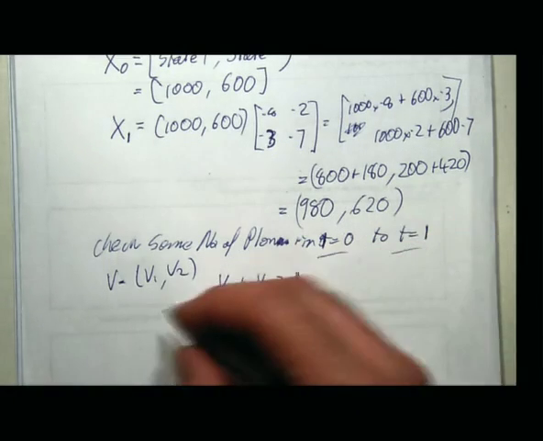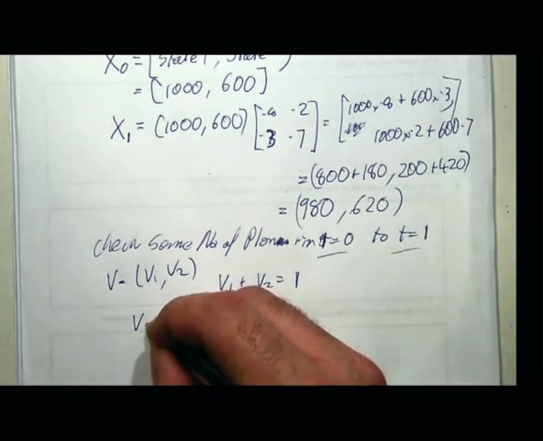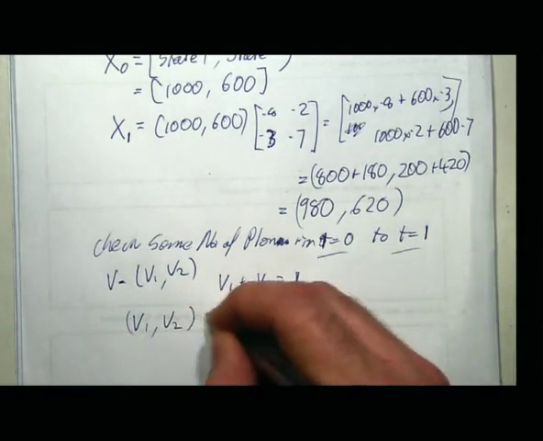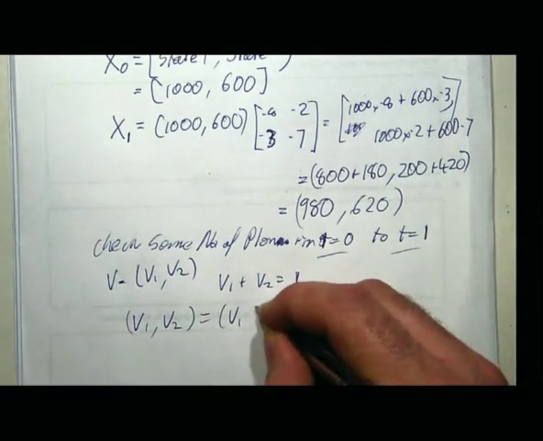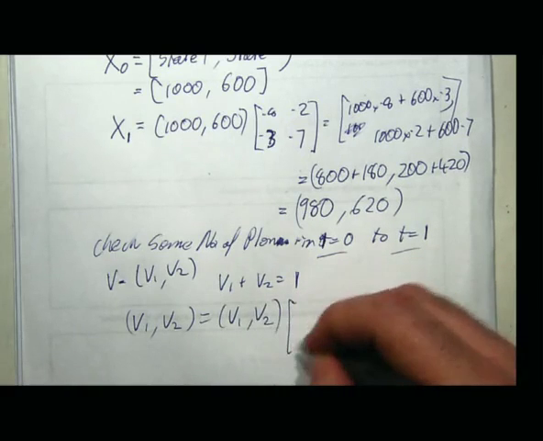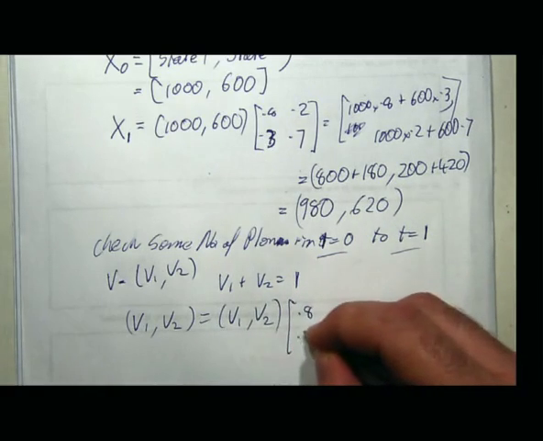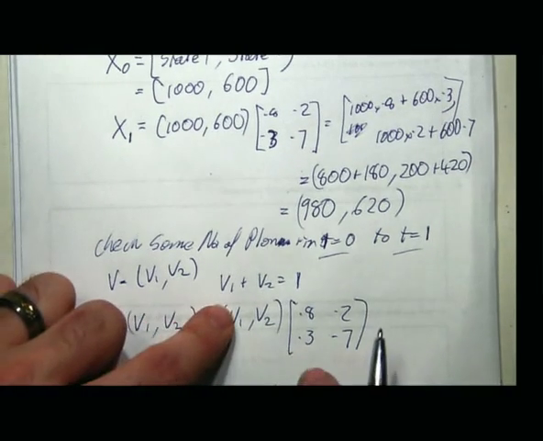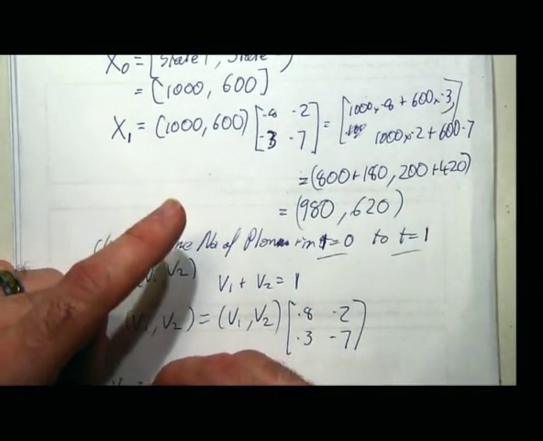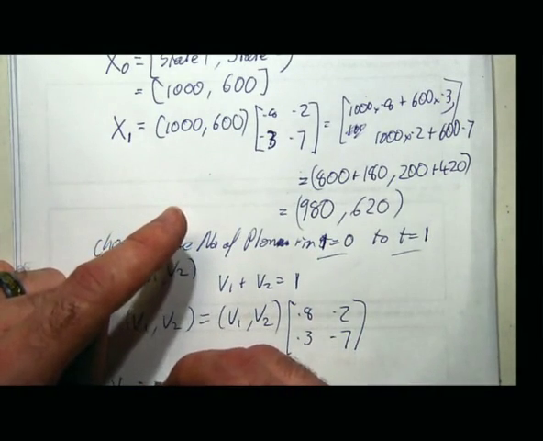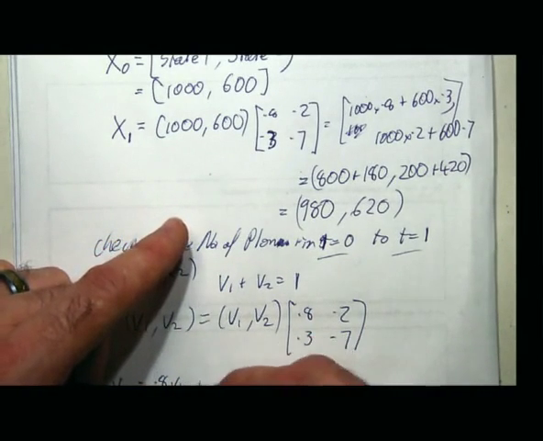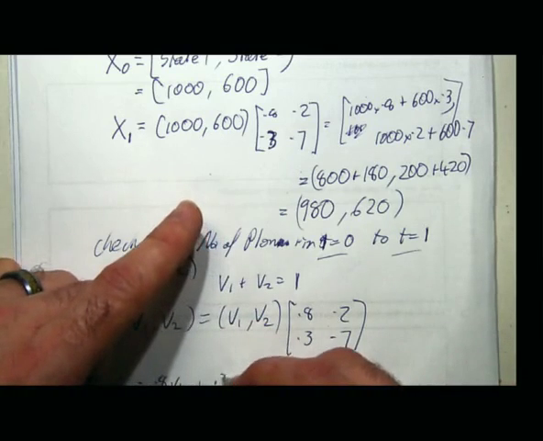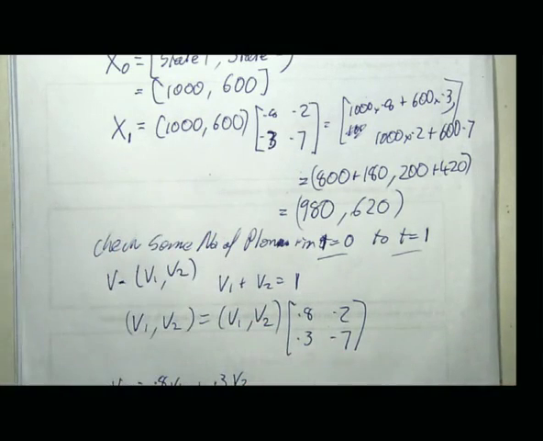So, if I have V1, V2 is equal to V1, V2 by 0.8, 0.2, 0.3, 0.7, then that first component, this V1, is going to be equal to V1 times 0.8 plus 0.3 V2.